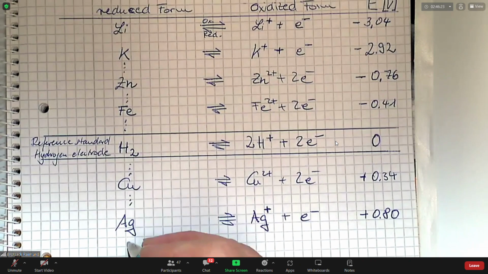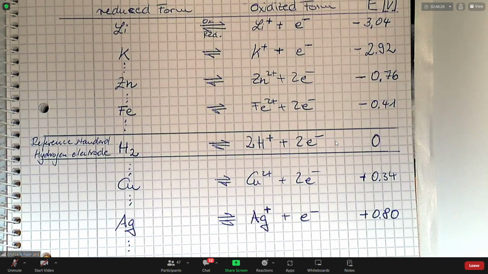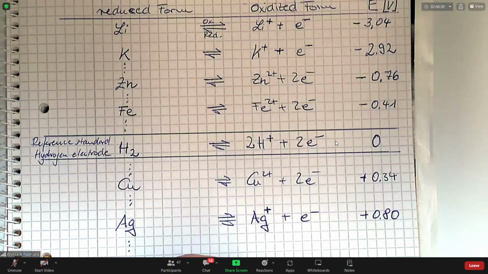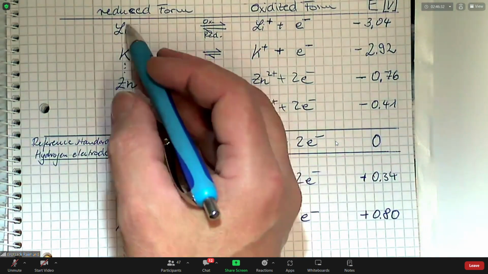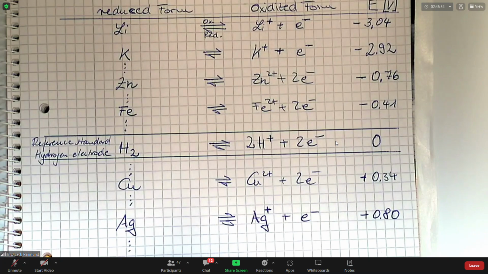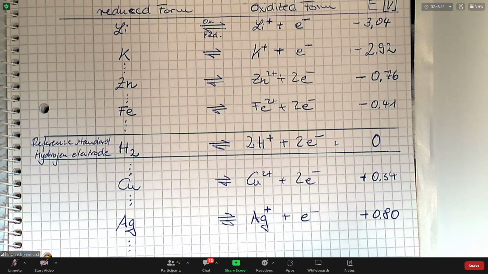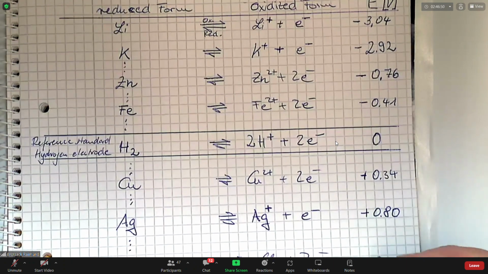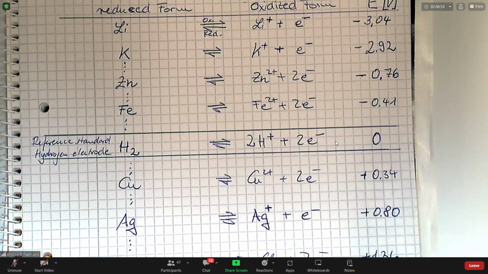And when we go on, moving away from metals, coming to halogens, the reduced form of chlorine is the chloride. When we oxidize it, chlorine gas is built, plus 2 electrons. Here we have a redox potential of plus 1.06.